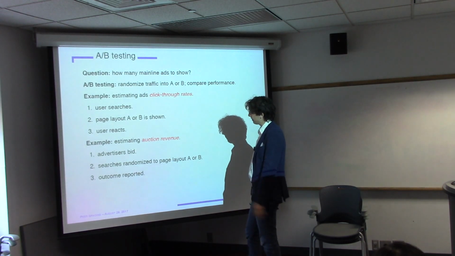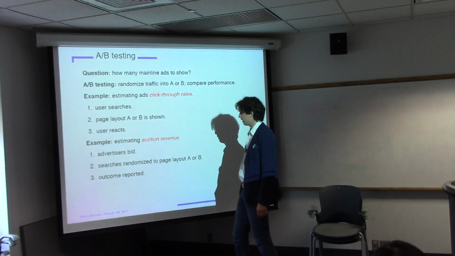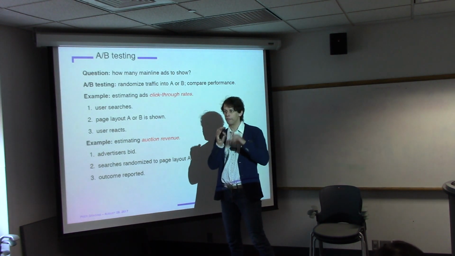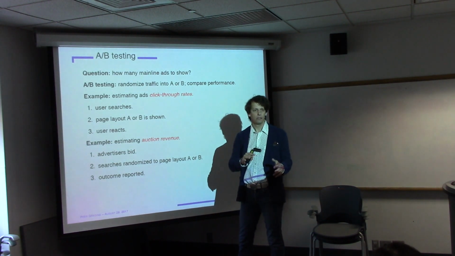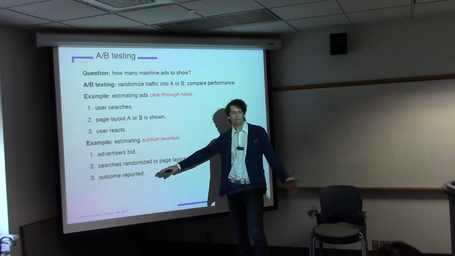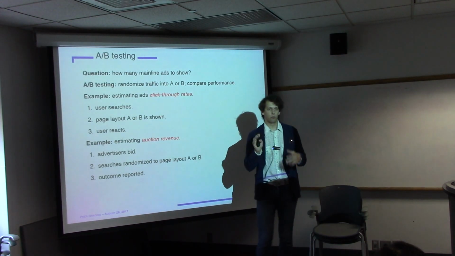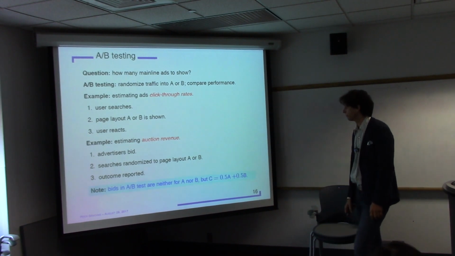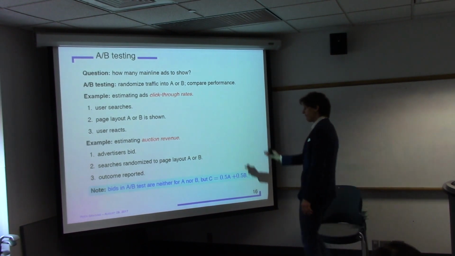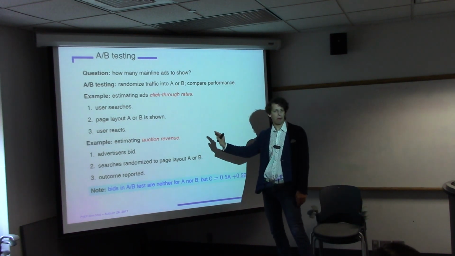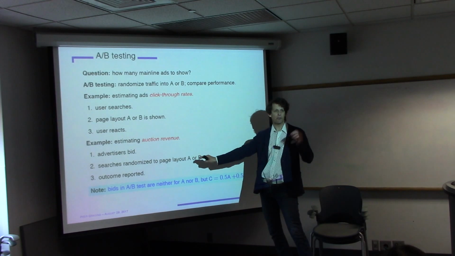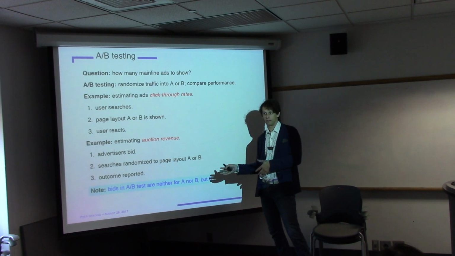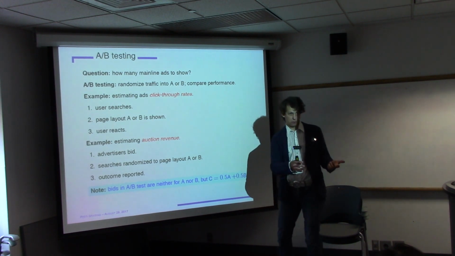But the setting is a little bit different for revenue because the advertisers typically bid well in advance, and then a bunch of users show up and we randomize them into A and B. And then after a month of user traffic, we report back to the advertiser what their payments are, how many users clicked, etc. If the advertiser is bidding in equilibrium for the mechanism I'm running, they're actually not bidding in either A or B. They're bidding in a mechanism which mixes 50-50 between A and B. So that's a different equilibrium from the equilibrium I care about.